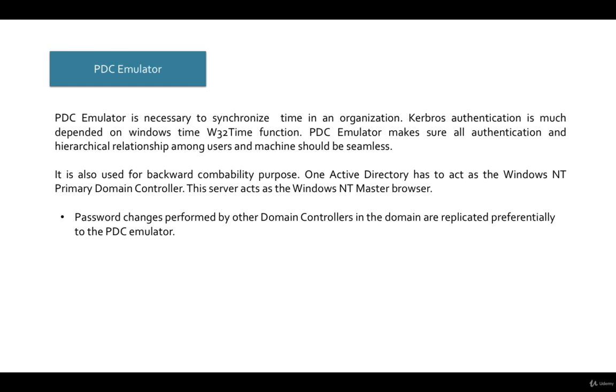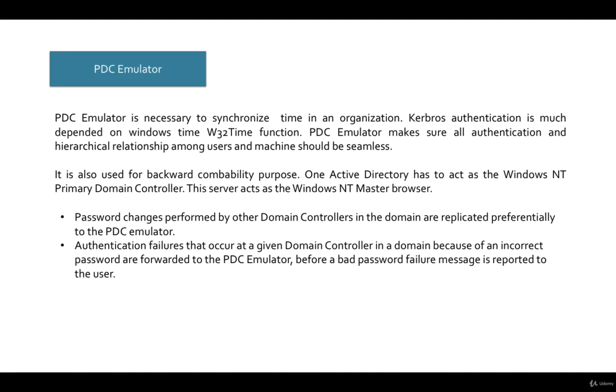Some of the functionality of the PDC emulator are as follows. Password changes performed by other domain controllers in the domain are replicated preferentially to the PDC emulator. Authentication failures that occur at a given domain controller in a domain because of an incorrect password are forwarded to the PDC emulator before a bad password failure message is reported to the user.